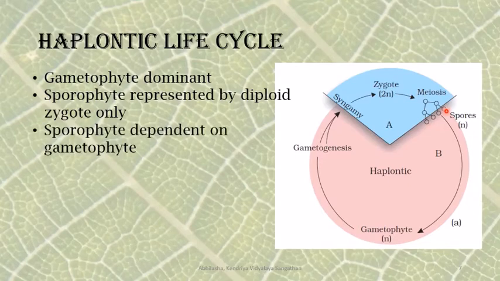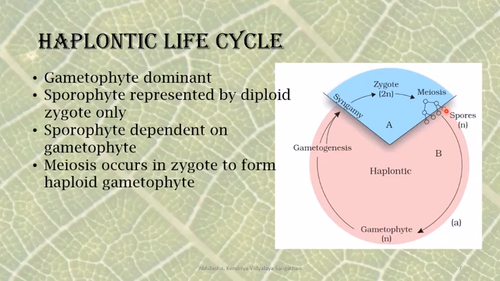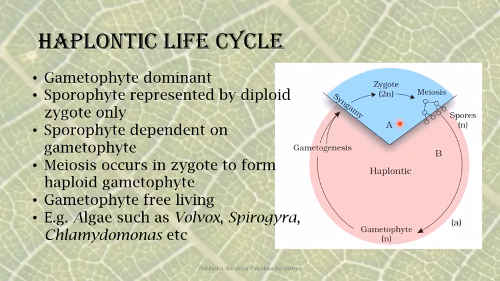The sporophyte here is dependent on the gametophyte. The meiosis occurs in the zygote to form the haploid gametophyte. The gametophyte is independent, free living, and this type of life cycle is found in algae such as Volvox, Spirogyra and Chlamydomonas.